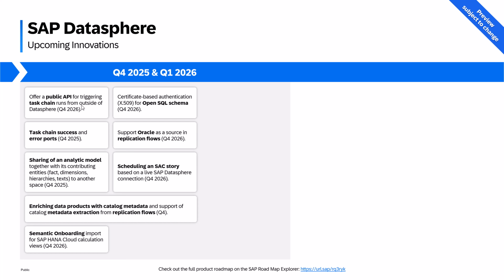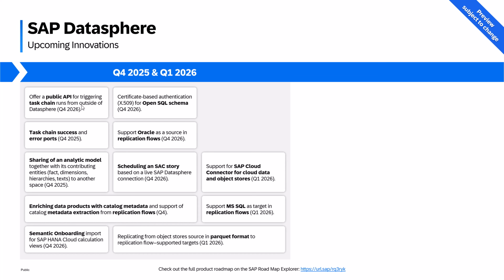On the catalog side, we're enriching data products with catalog metadata and supporting metadata extraction also for replication flows, as a next step in enhancing the metadata artifacts within the catalog. Semantic onboarding for HANA Cloud calculation views is planned.